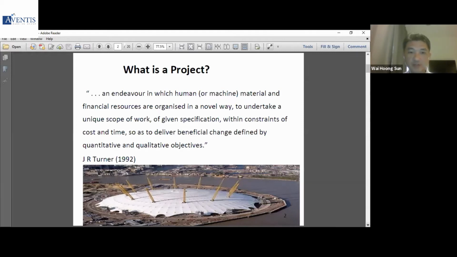So something that can be measured. While qualitative is something that is less specific and cannot be measured in many ways. So quantitative and qualitative. So beneficial changes. So that is a project. So you would like to deliver something that's beneficial to the stakeholders.